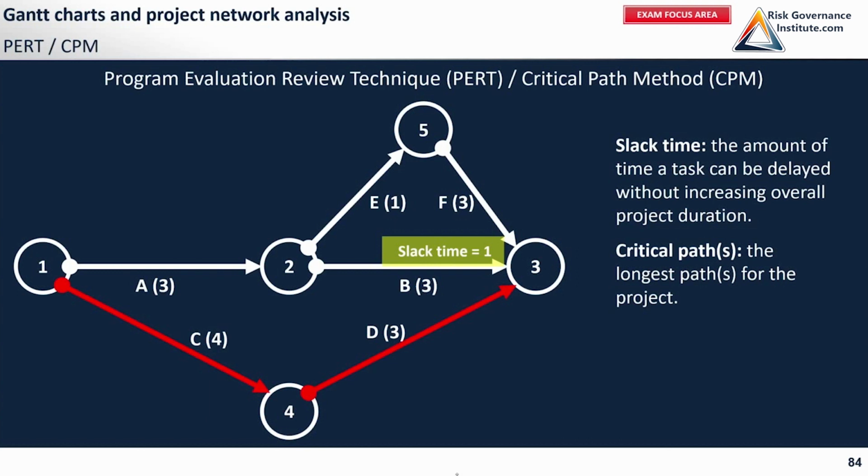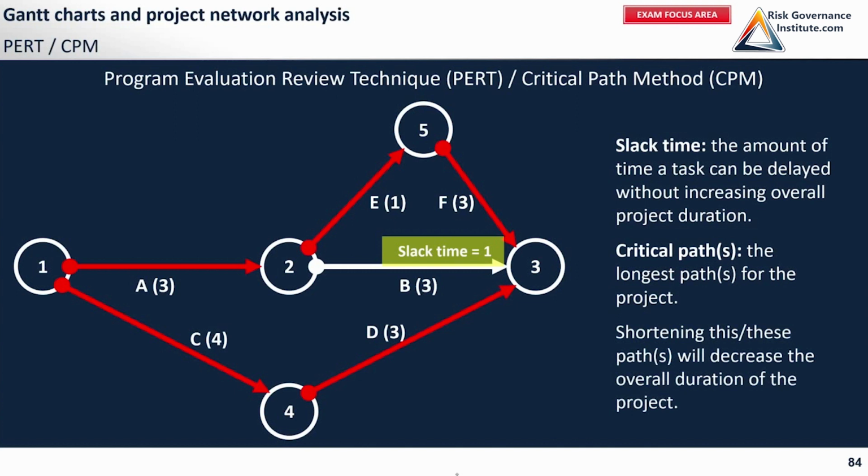We have one of them on C and D, and we have a second one on A, E, and F, both of the same duration, which is 7. And indeed, you will find your slack from what is basically not your critical path. Shortening this or these paths will decrease the overall duration of the project. And so we're going to talk a little about ways to actually decrease that time.